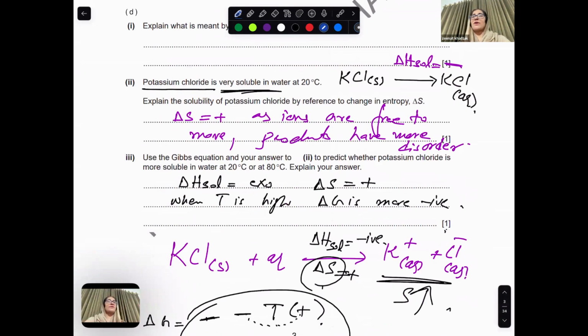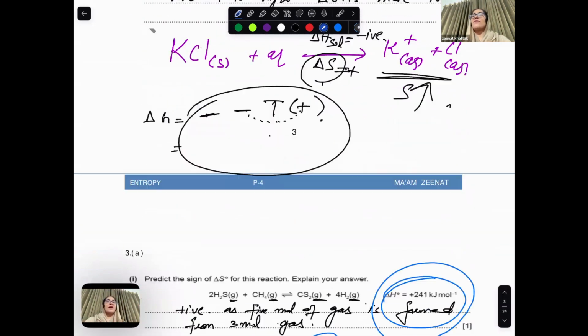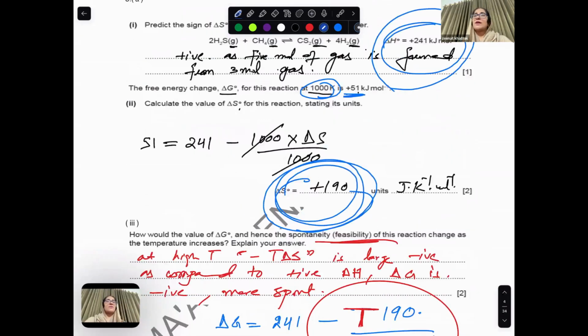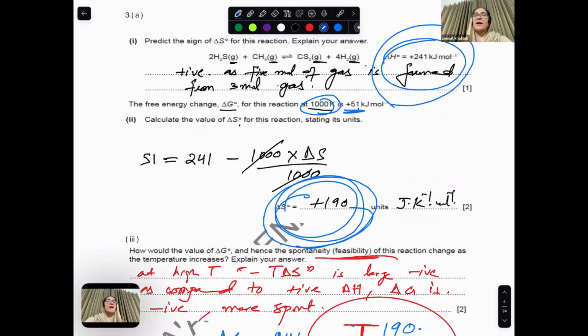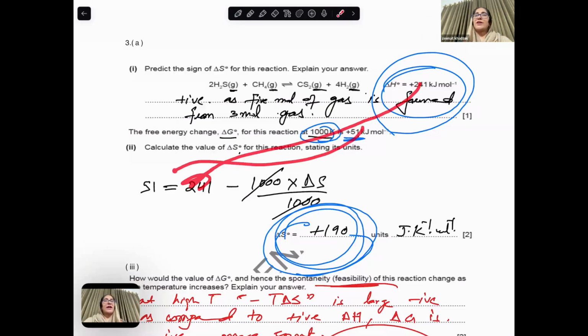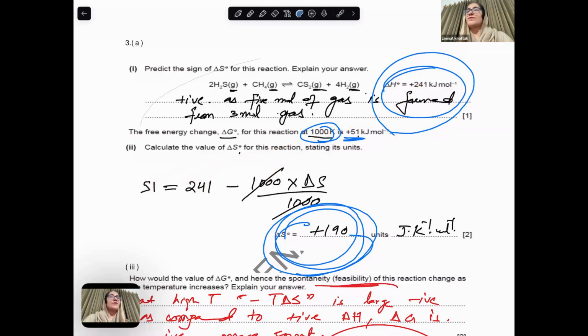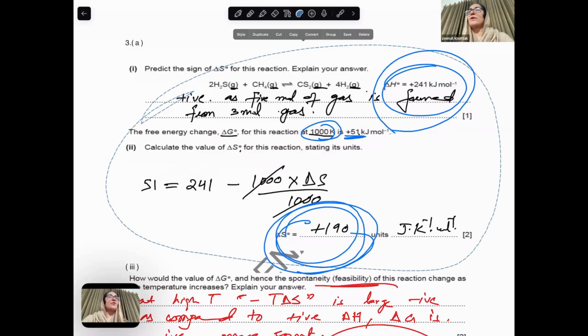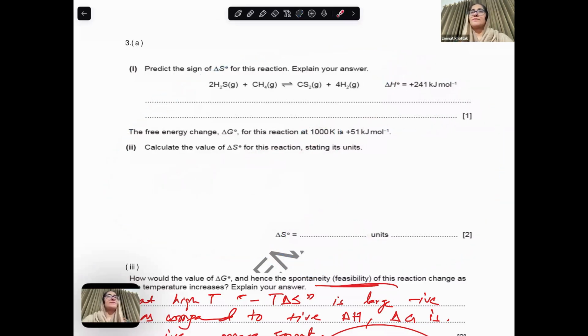Like there are some questions in which they have given you what? See, they have given you delta H, delta G, temperature. See, in this question, if I erase this, look at this whole question. Predict the sign of delta S for this reaction. To predict sign, you're supposed to see what?